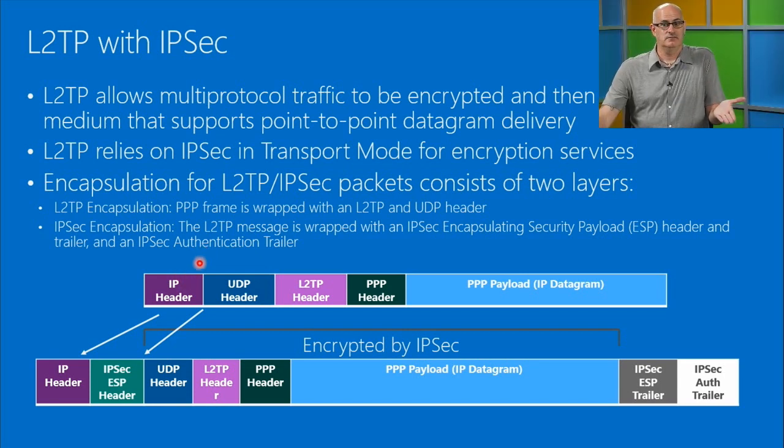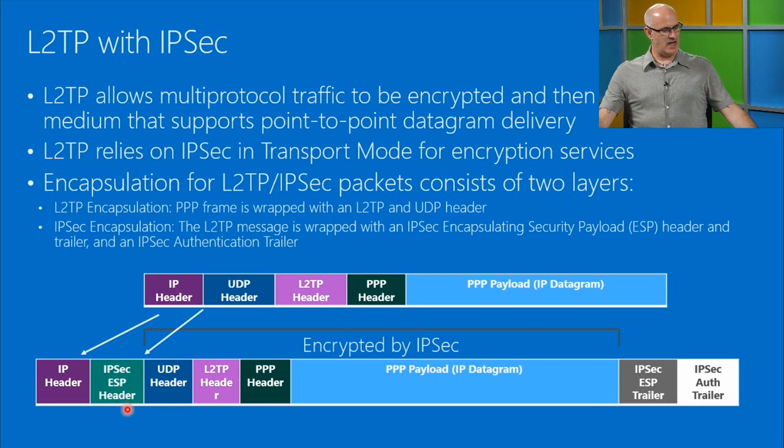This is fun. So look, you're taking this packet right here that has an IP header, UDP header, L2TP header, the PPP header, and then the payload that at this point is not encrypted. You're adding the ESP header, the L2, oh no, that's already there.